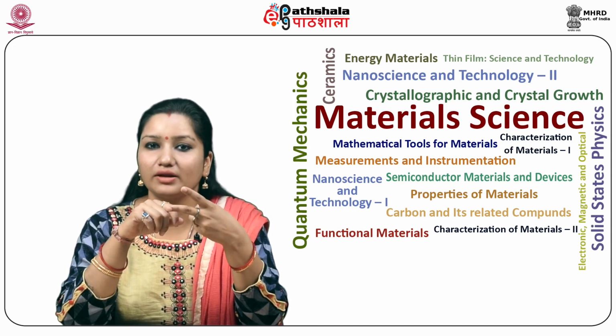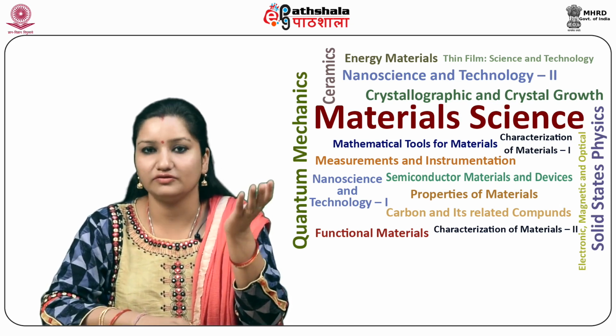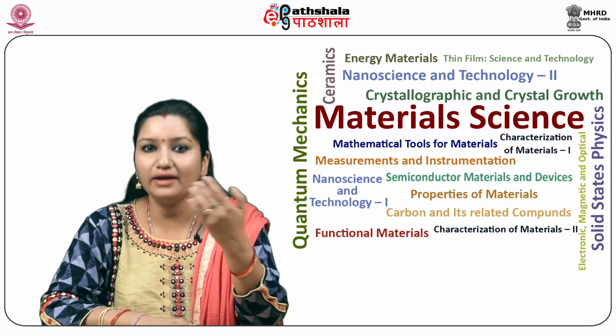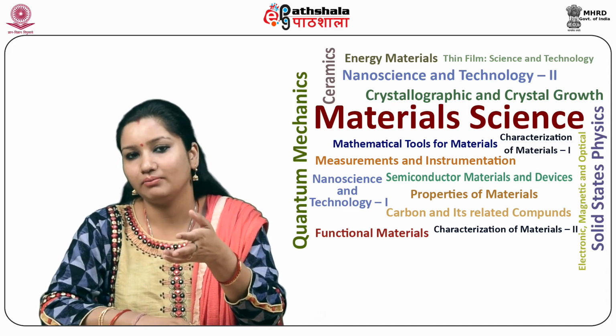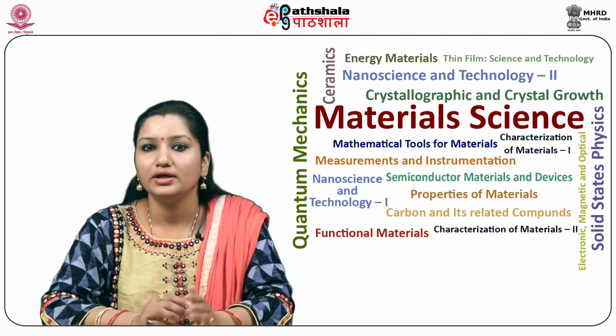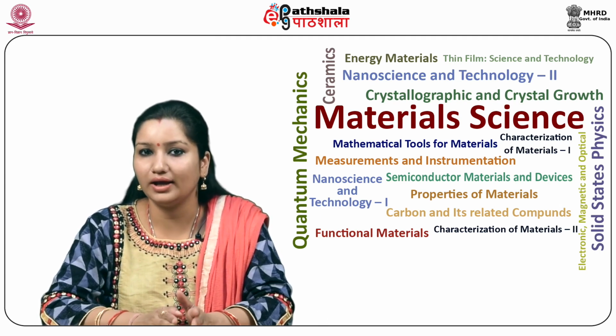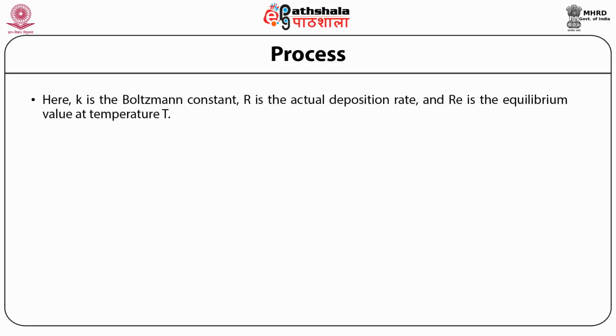The two main thermodynamic parameters for the growth mechanism are the substrate temperature T and supersaturation delta M. They can be related by the equation delta M equals K into T into ln R divided by RE. Here K is the Boltzmann constant, R is the actual deposition rate, and RE is the equilibrium value at temperature T.